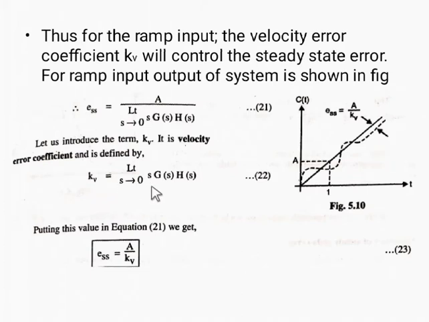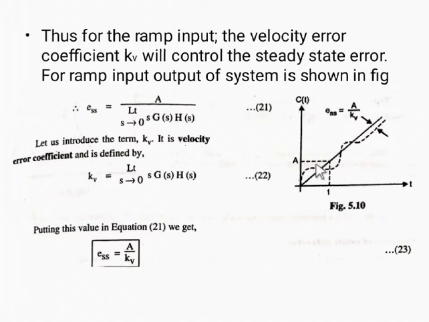Now the velocity error coefficient Kv is defined as limit s tends to 0 of s GsHs. This is the velocity error coefficient. So if we put Kv equal to this, the steady state error Ess becomes A divided by Kv. It is the steady state error for ramp inputs.